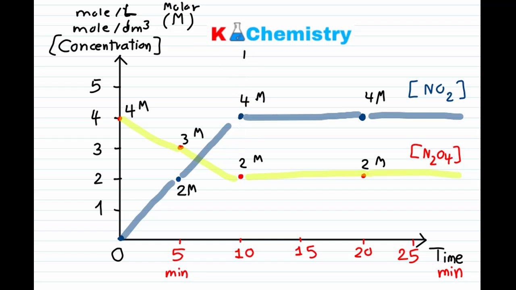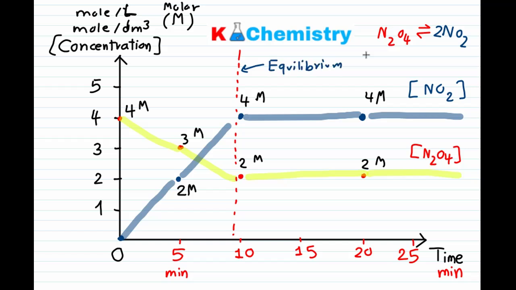This is the point at which the rate of the decomposition of the N2O4 into NO2 is equal to the rate of making back the N2O4 from 2 moles of NO2. The forward reaction is equal to the backward reaction. So I will say that the equilibrium has started here.